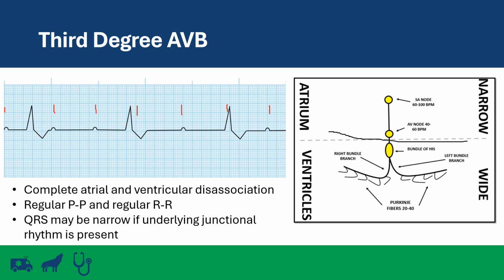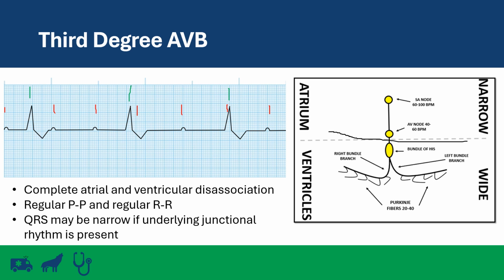In a third degree heart block, because the atria and the ventricles aren't working together, you will essentially have an idioventricular rhythm that the ventricles are doing, and the atria are just sending out their P waves. But because the conduction system, or the wiring, is completely damaged between the two, they don't work together. So this is complete atrial and ventricular dissociation.